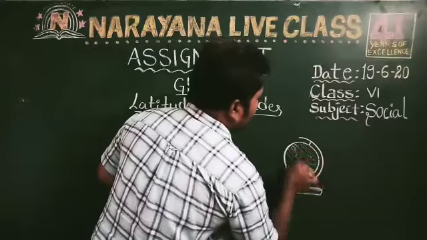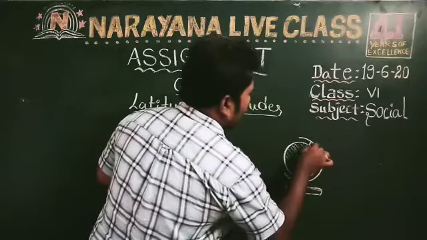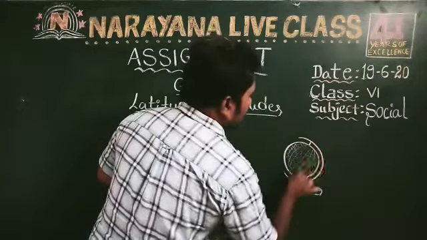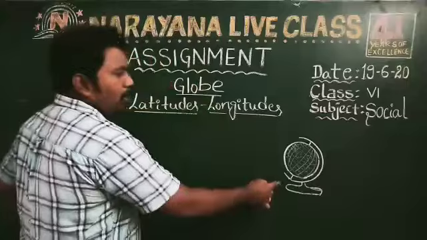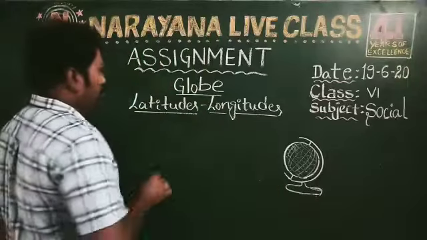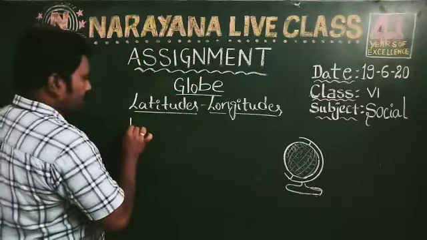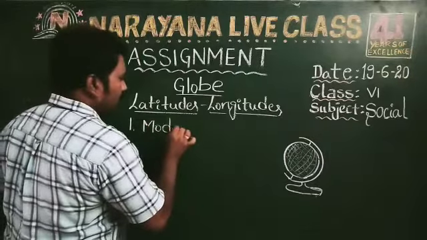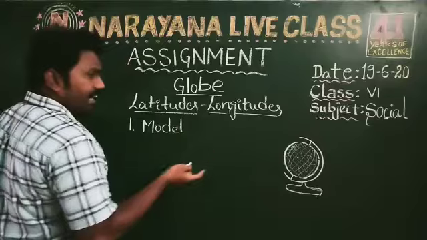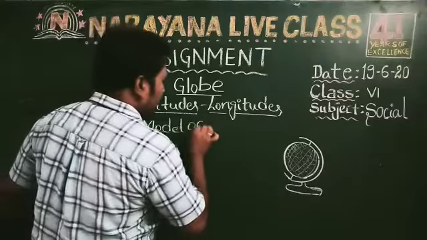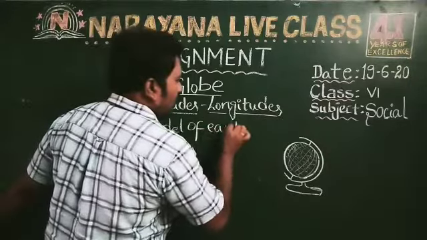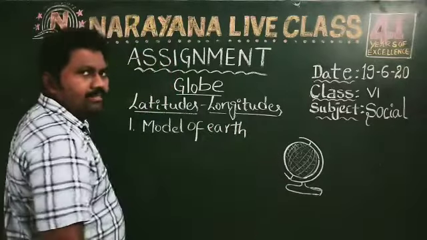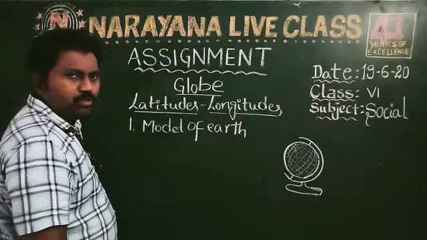These are the latitudes, these are the longitudes. So this is called a globe. So the first question's answer is model of Earth, or if you want, you can write a true model of Earth also. A true model of Earth is called a globe. So that is the first question's answer.